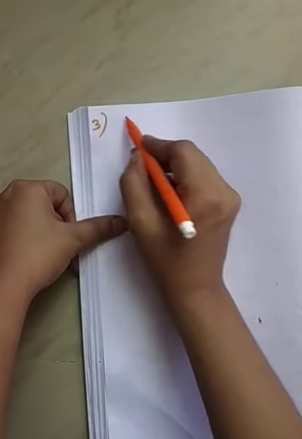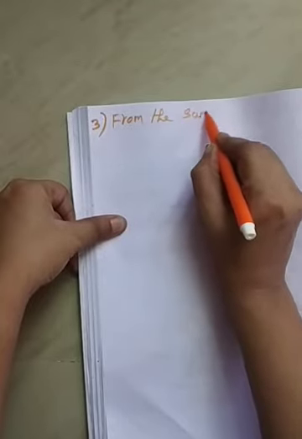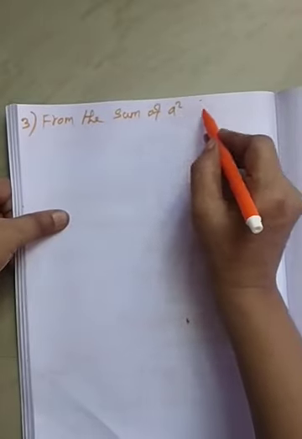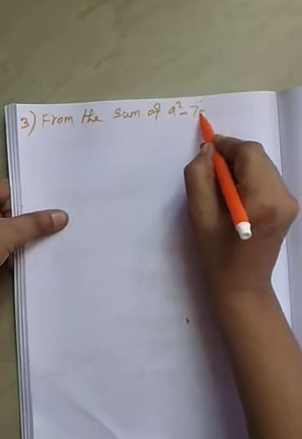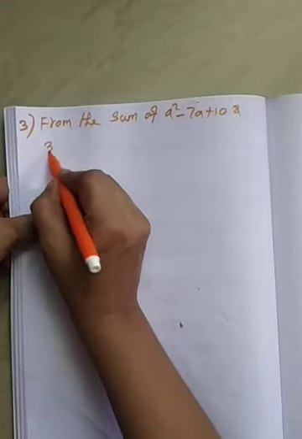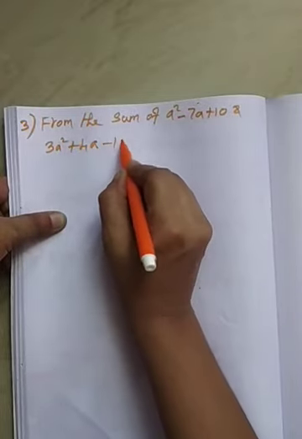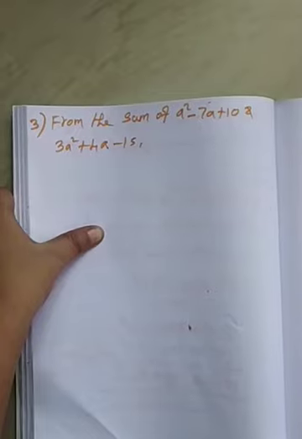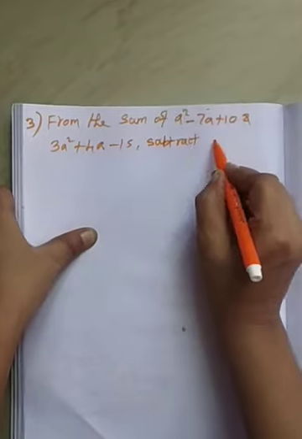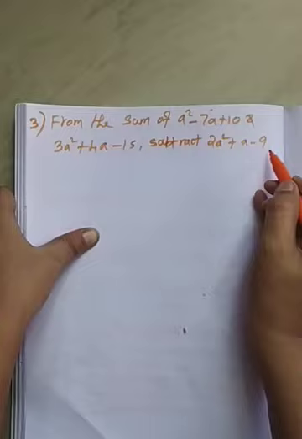From the sum of a squared minus 7a plus 10 and 3a squared plus 4a minus 15, subtract 2a squared plus a minus 9.